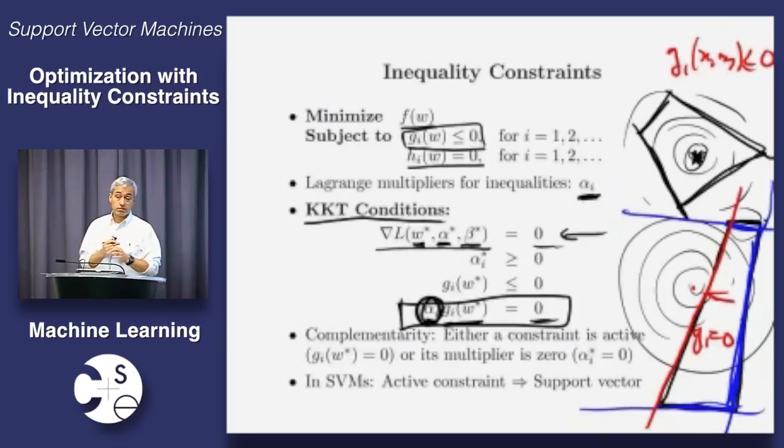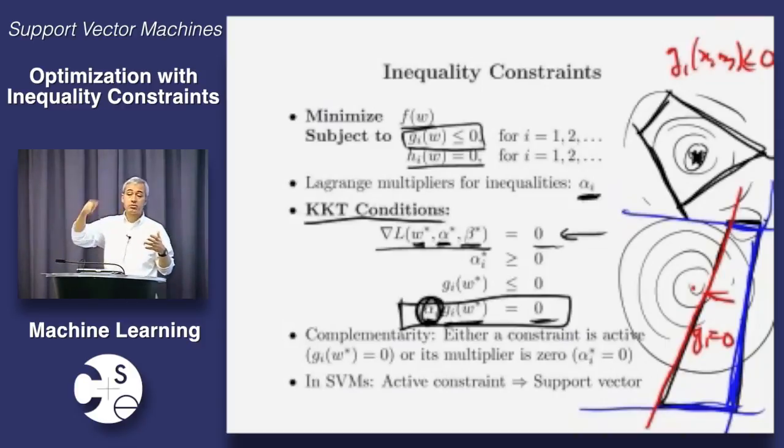Okay, now, what does this mean for support vector machines? What are the walls that I bump against? What, in the case of support vector machines, is an active versus an inactive constraint? This is really what it all boils down to. Remember, my constraints were that the margin of each example has to be at least 1.